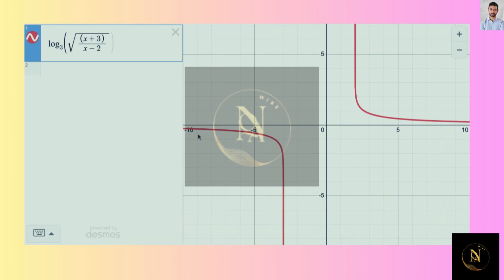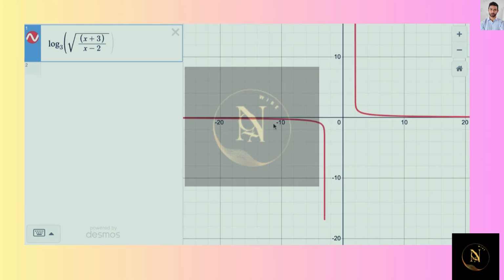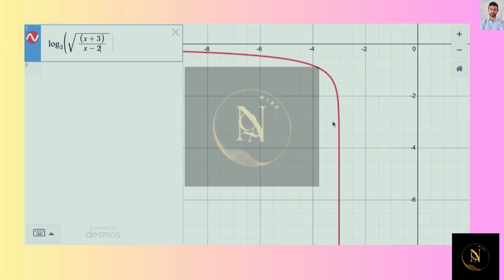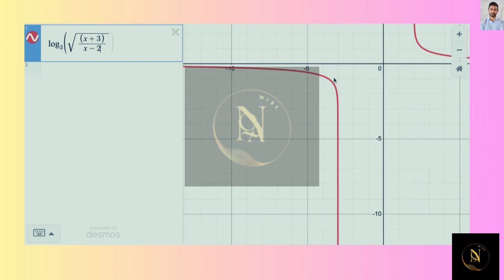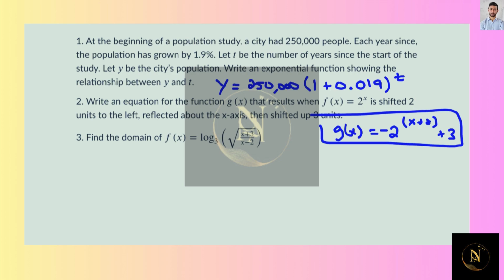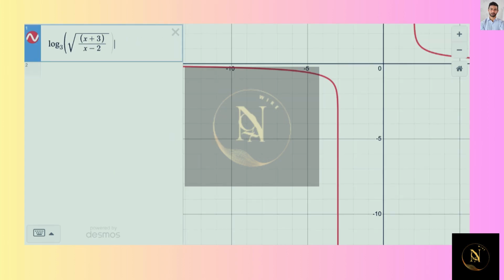Okay, the domain is from negative infinity to negative 3, not included. And then from 2 not included to infinity.